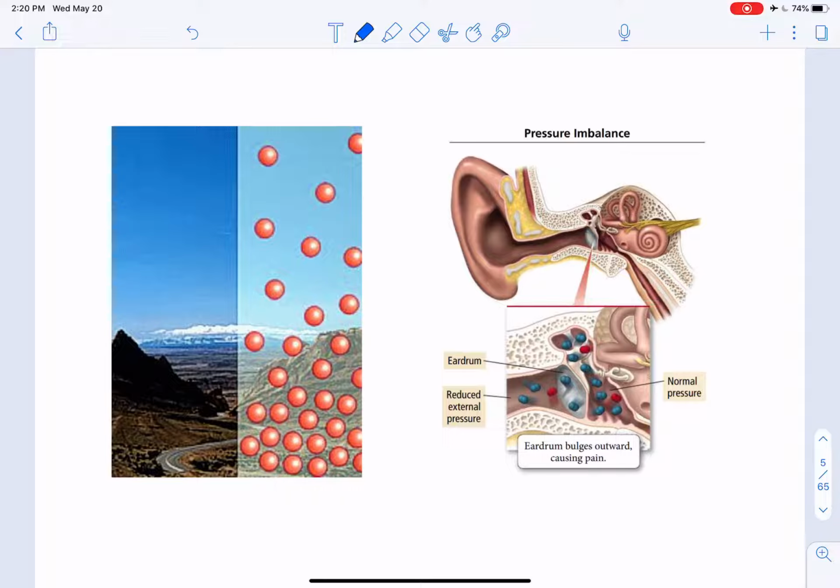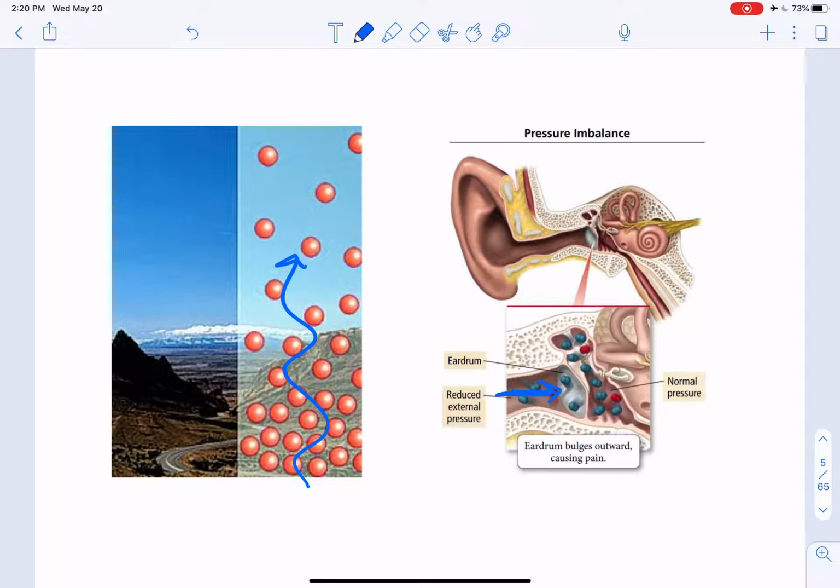And that's because as you drive up the mountain or you ascend up into the air, there are fewer gas molecules up there. And what happens is that there's less pressure on this side of your eardrum because there's fewer air molecules hitting that side of your eardrum.